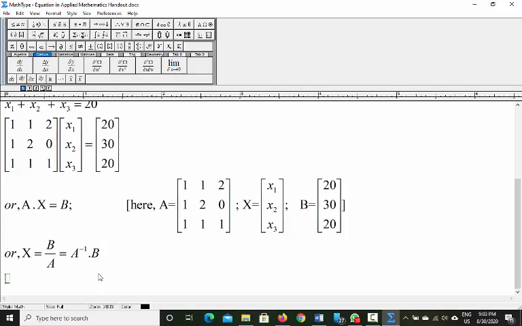So first of all we need to find out the inverse of this matrix. In step 1, we need to find the inverse of this matrix.